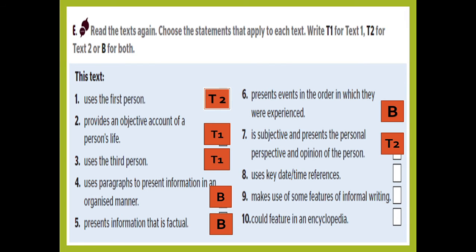Uses key dates and time references, this is both. Makes use of some features of informational writing, is text 2. Could feature in an encyclopedia is text 1.